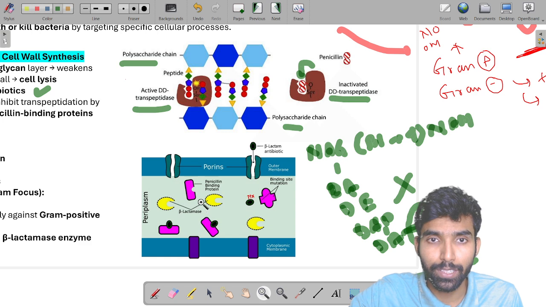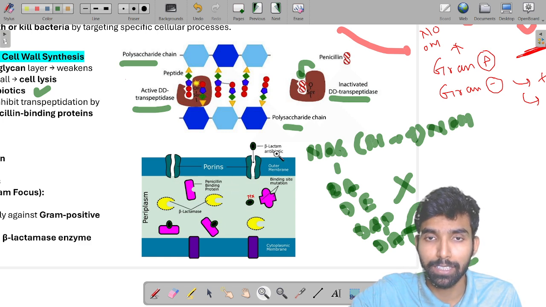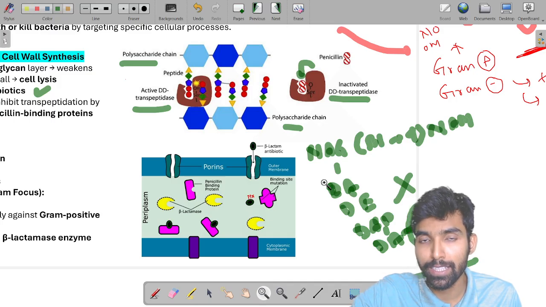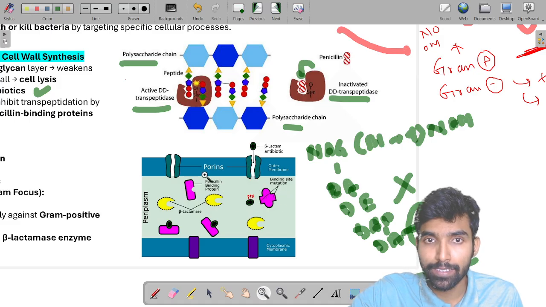Here you can see how bacteria work. Let's say the beta lactam antibiotic ring, that's penicillin, right? Now the penicillin is coming inside the bacterial cell wall. Let's say this is the penicillin binding protein inside the bacteria, a transpeptidase, and the penicillin can bind with both the penicillin binding protein and beta lactamase.